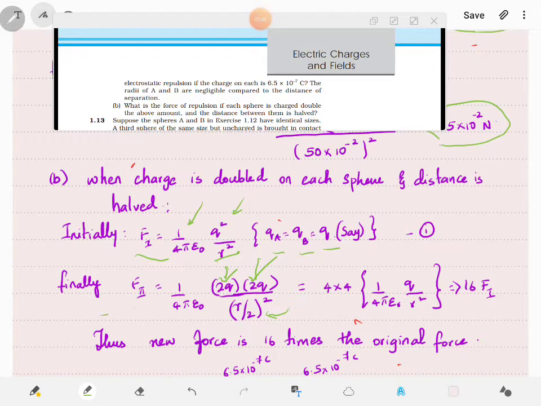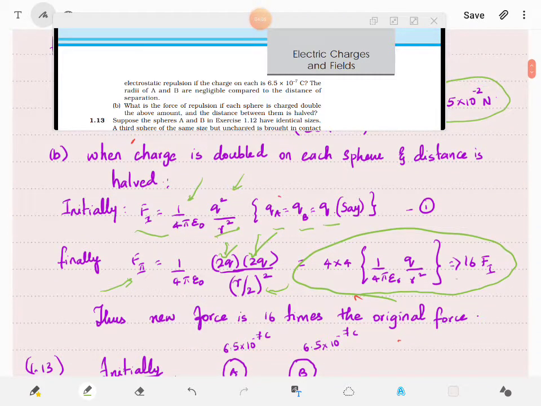So once we include all the parameters in this equation and make certain simplification, we see that the force becomes 16 times that of the force initially when you double the charge on each sphere and when you halve the distance between both the spheres. So the final force is going to be 16 times stronger than the initial force.